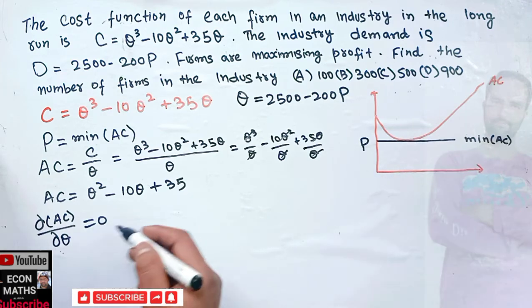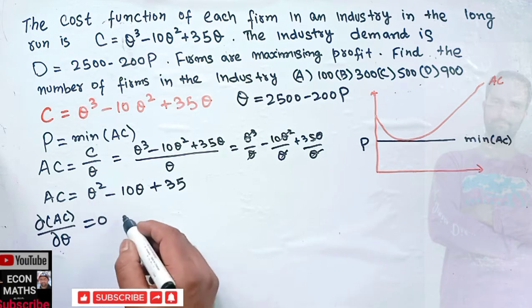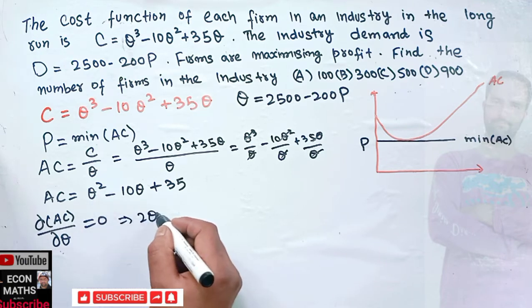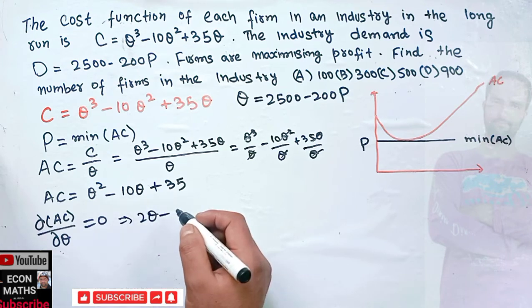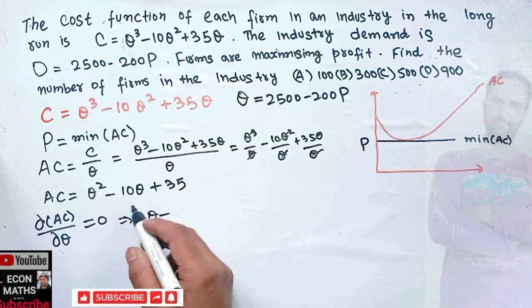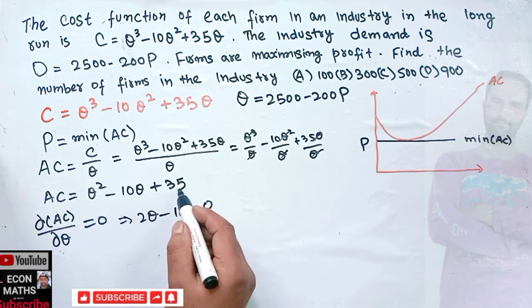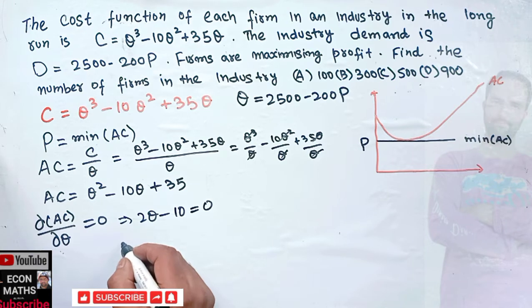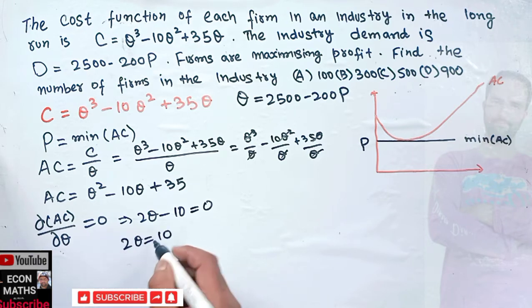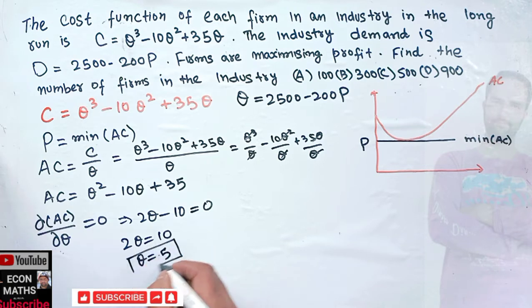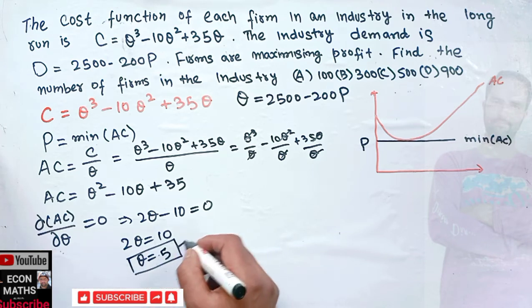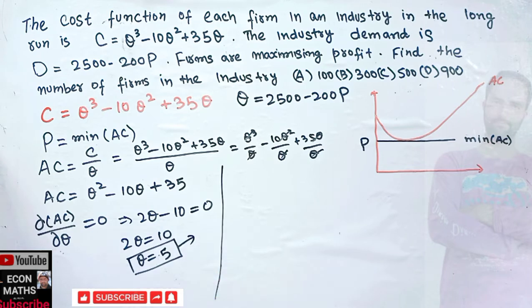So the derivative of Q^2 is 2Q, and we have 2Q - 10 equal to 0. The derivative of Q is 1, the derivative of a constant is 0, which gives us 2Q = 10, so Q = 10/2 = 5. That means each firm will be producing 5 units of output.